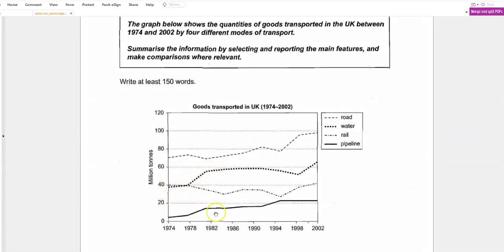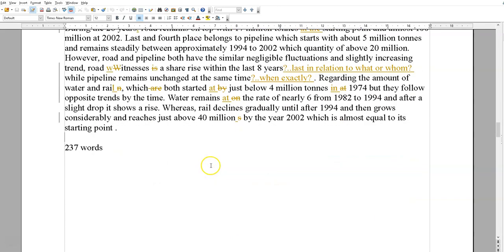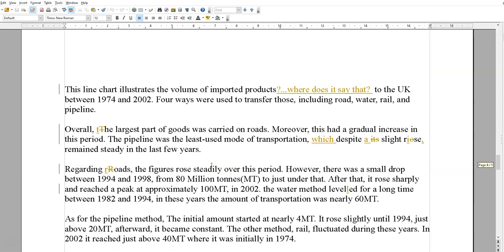Maybe it's not entirely accurate, 100%, but you can still work out, like, that's going to be about 10, that's about 5, that's approximately 40, that's probably approximately 70. So you can put some figures in. Opposite trends by the time. Anyway, so again, that's a bit confusing for the reader.